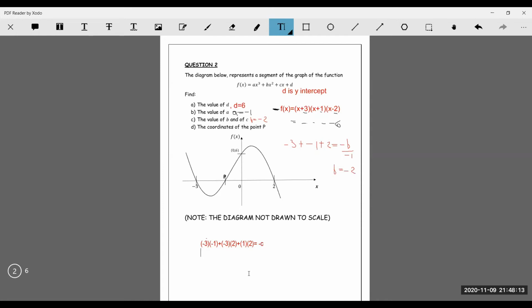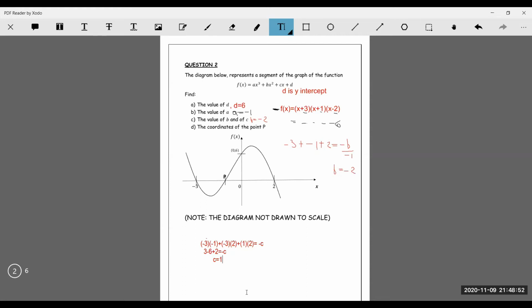And so what we're getting is positive 3, then minus 6, then positive 2. 3 minus 6 plus 2 is negative 1, and that's equal to minus C. So C is equal to 1. C is 1 is our answer.